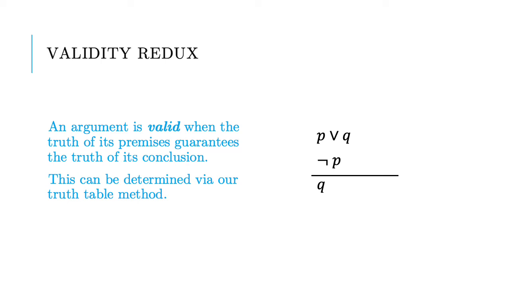Let's consider the argument P or Q, not P, therefore Q. For those of you interested, this pattern of argument is called disjunctive syllogism. Let's translate it to the truth table method.